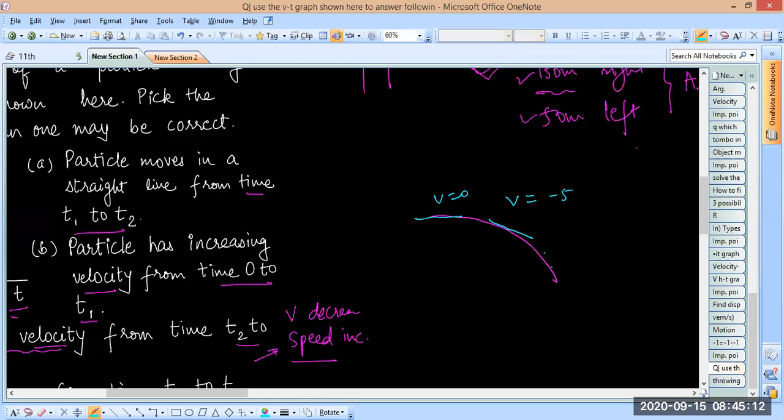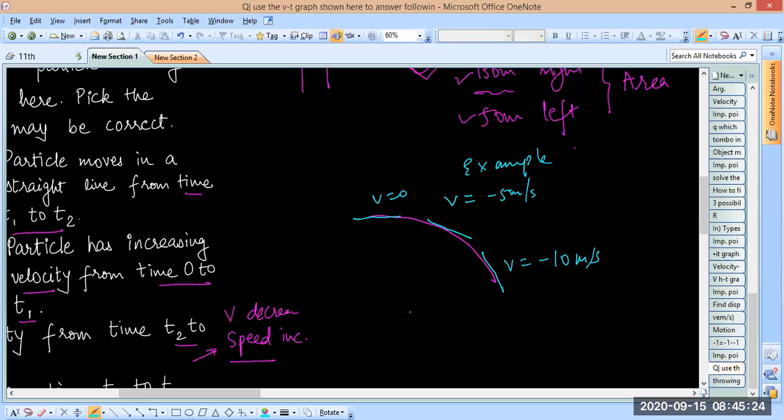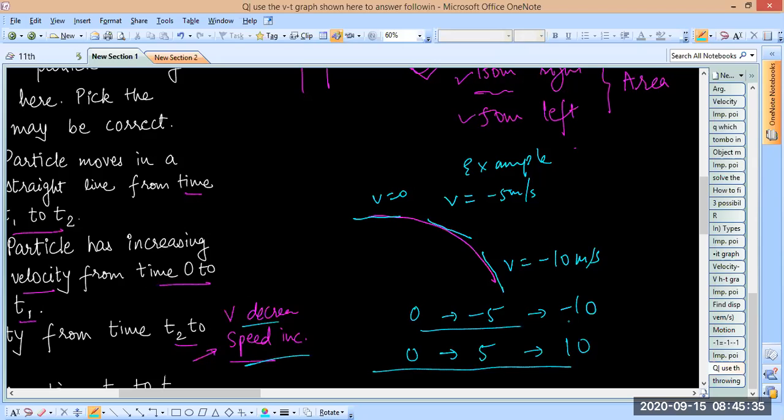And then here it's more negative, so like maybe -10. Agreed? So in such a case, these are again examples, okay, so that you will understand what is going on, right? So what this means is velocity is decreasing, right? But what about speed? Speed is increasing and velocity is decreasing.